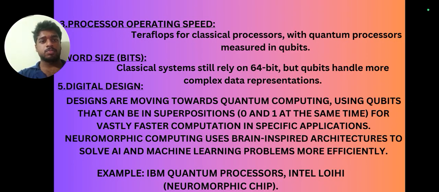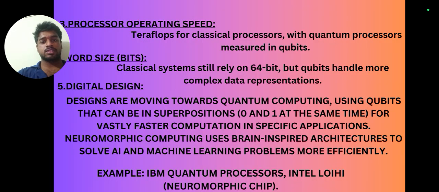The operating speed of these processors is in teraflops for classical processors, with quantum processors measured in qubits. In bit size, classical systems still rely on 64 bits, but in quantum processors we use qubits, which handle more complex data representations.